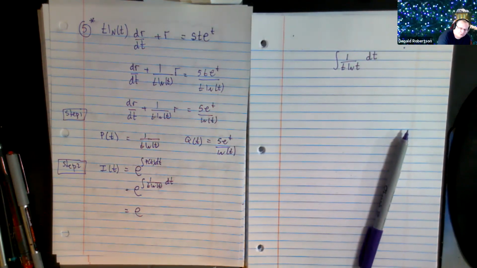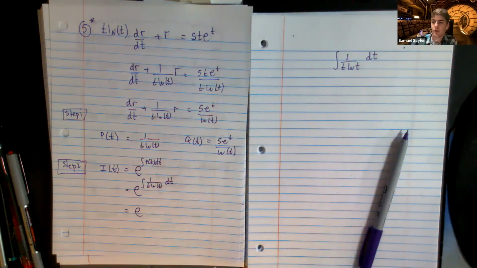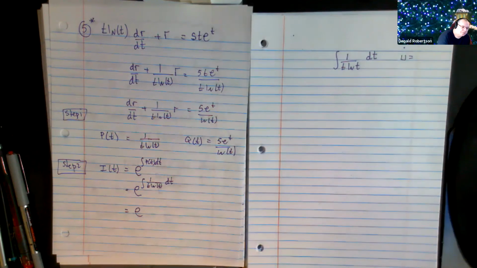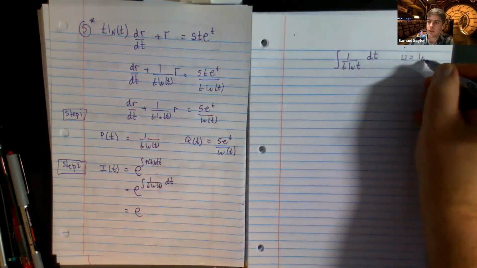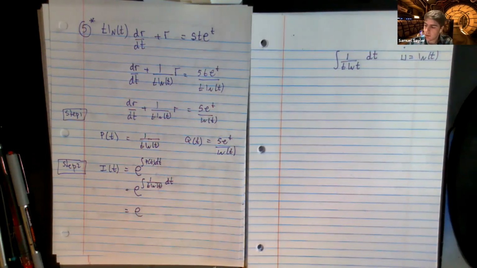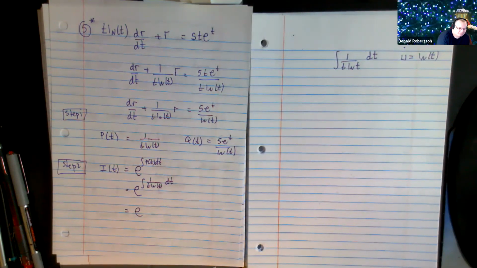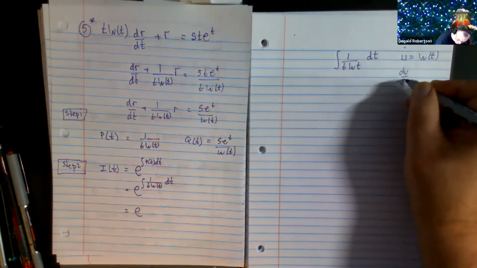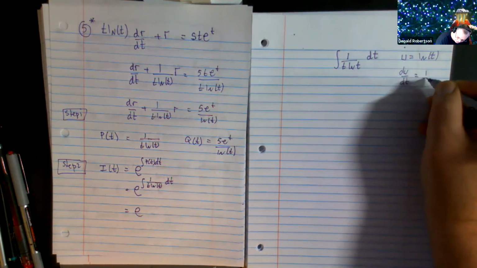It's really one of two choices. It's a U sub or it's an integration by parts. I don't think it's anything else. Oh, excuse me. I think it's U sub. I think you're right. And when you do a U sub, you have to decide who the U sub is. ln of t. Agreed? Now, what's that going to get me? Well, when I differentiate with respect to t, I'm going to have 1 over t.